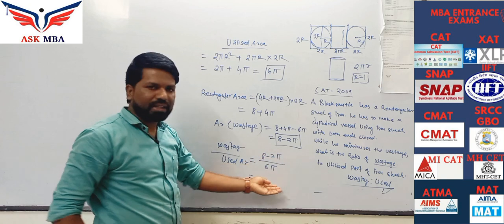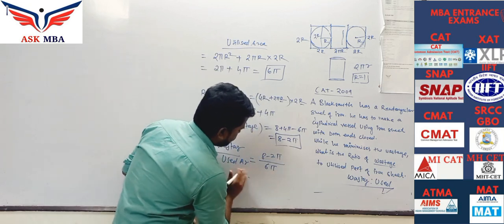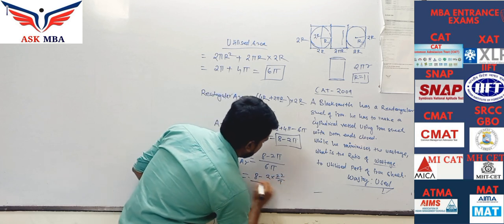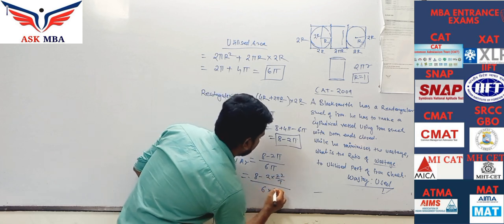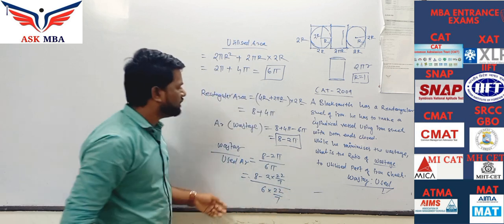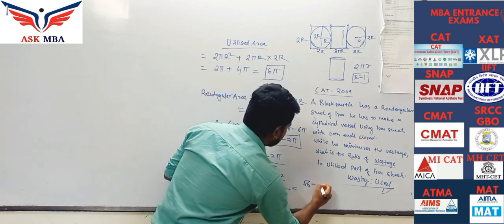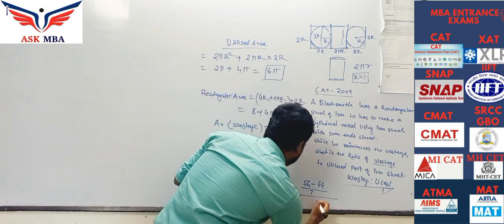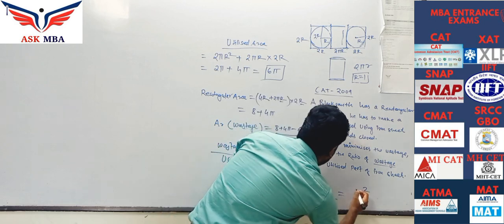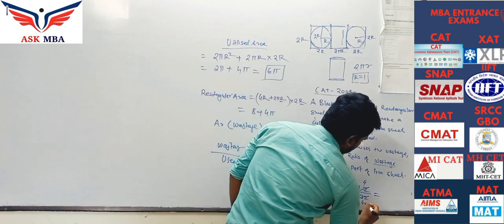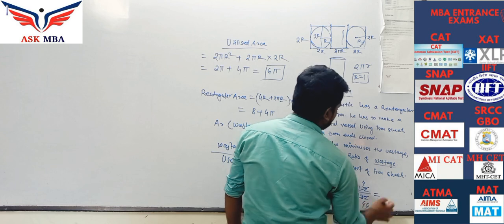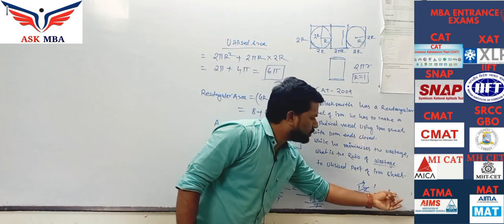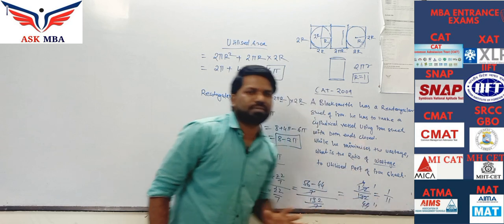Just put the value of pi, that is 22 by 7: 8 minus 2 into 22 by 7, divided by 6 into 22 by 7. After simplifying, you will get 1:11, that is wastage to utilized area.